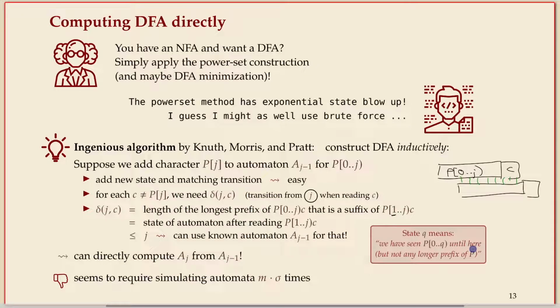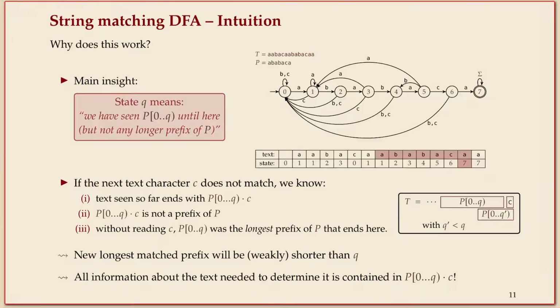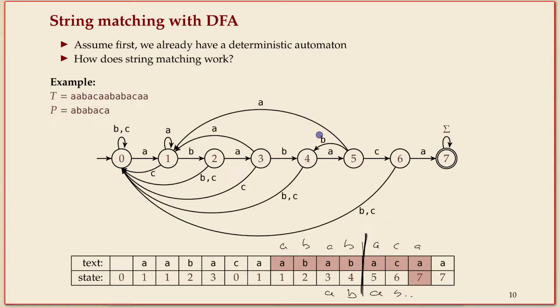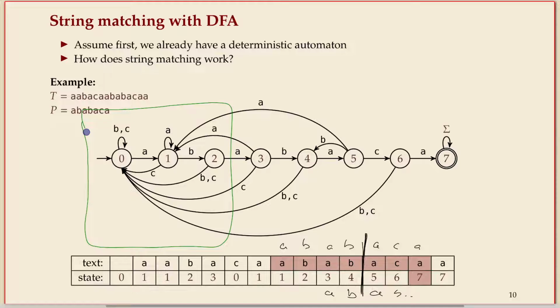It's a little convoluted. Let me see if I can. Okay, we have to go all the way back, but I'll show it on the example that we used before. Suppose we have this part of the pattern and of the automaton. So that would be A2, because we have two pattern characters already dealt with.